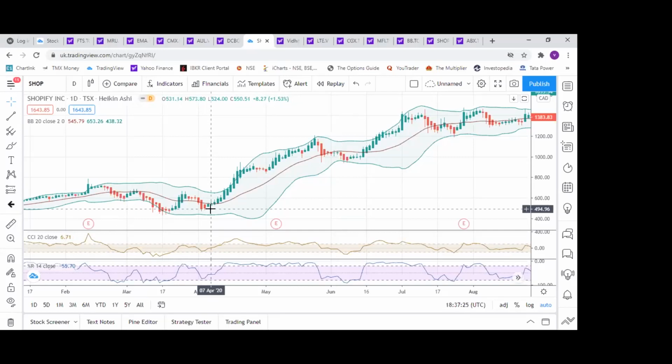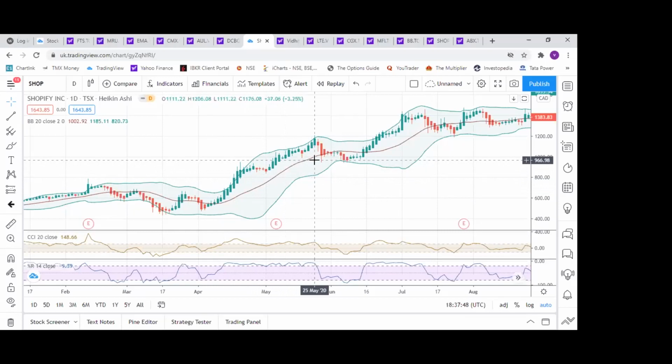I could have entered even lower at 524, but I entered at 555 only, or 556, whatever I decide. Now here I enter, I start moving up. That was 7th of April, 555 on 7th of April.